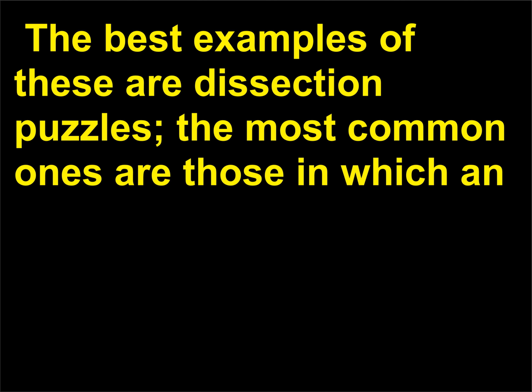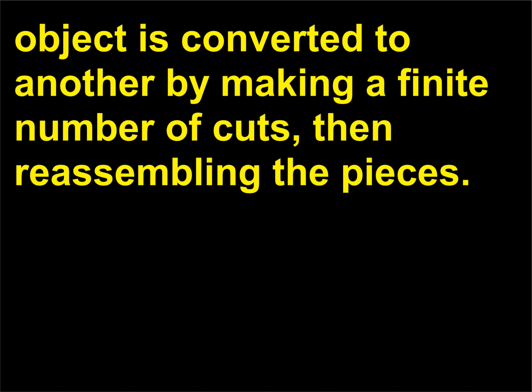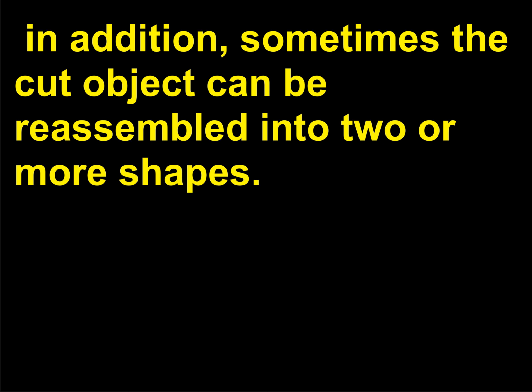The most common ones are those in which an object is converted to another by making a finite number of cuts, then reassembling the pieces. Most of the cuts are represented by straight lines, but not always. In addition, sometimes the cut object can be reassembled into two or more shapes.